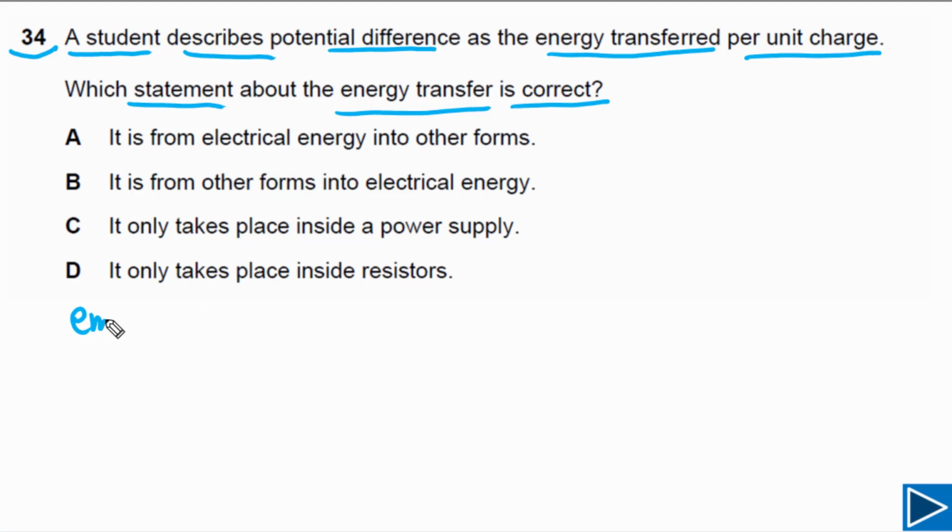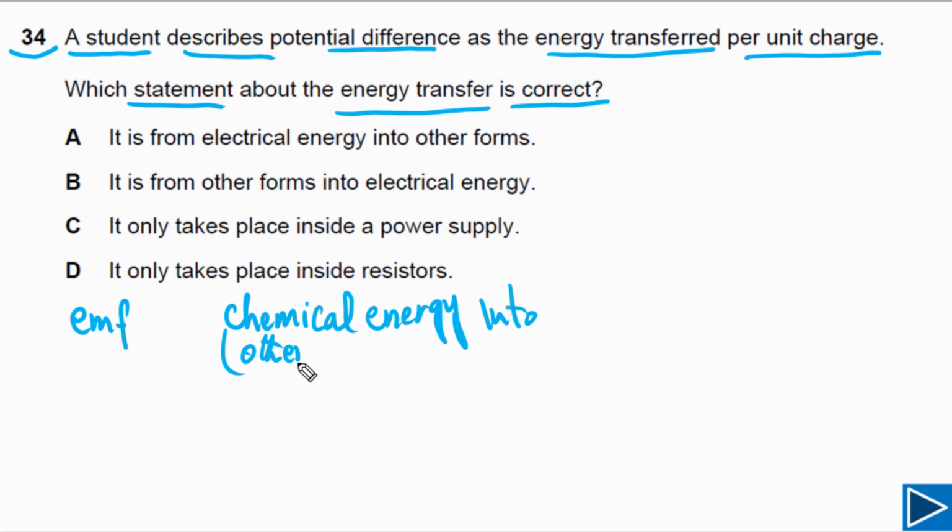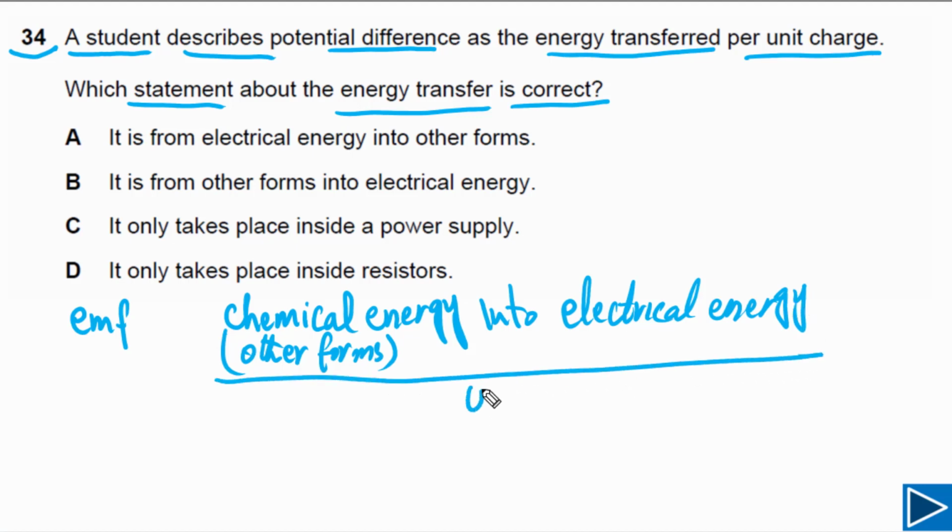EMF is the amount of chemical energy, or other forms of energy, converted into electrical energy per unit charge. Chemical to electrical energy per unit charge, that is called EMF.